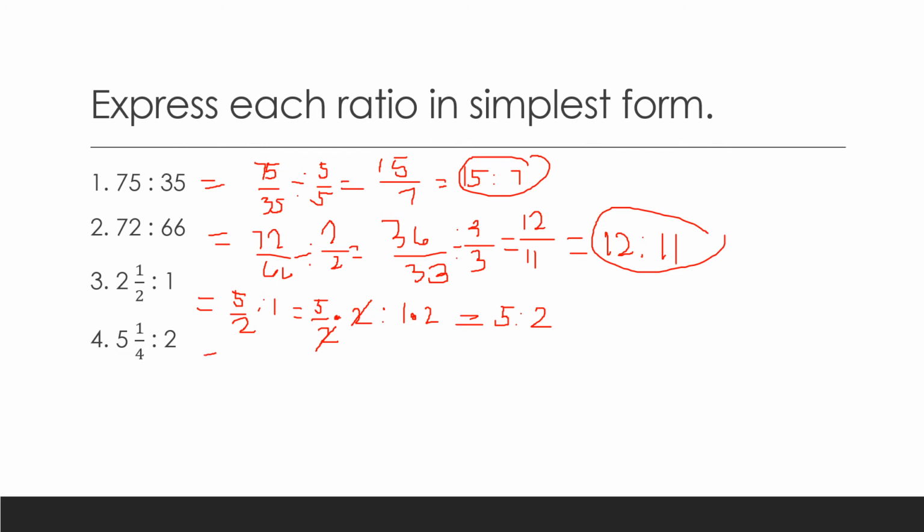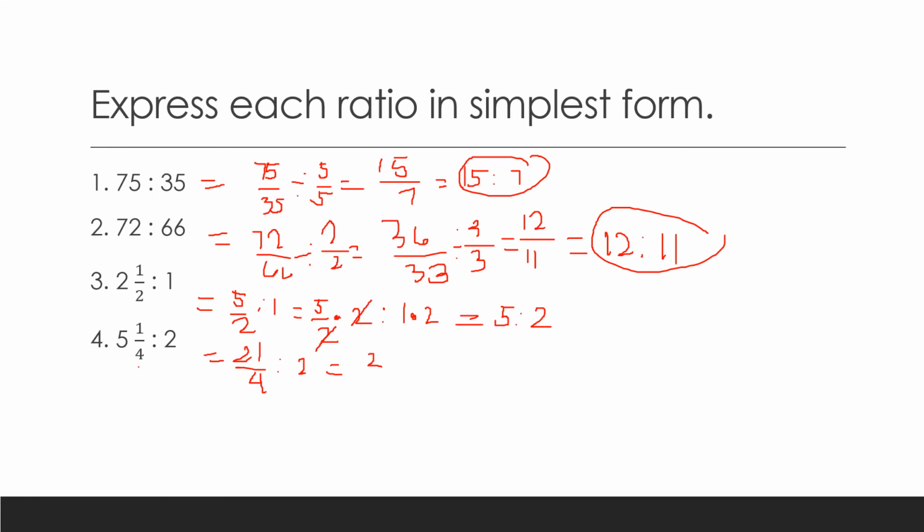How about number 4? We have 5 and 1/4 is to 2. So, convert again natin sa improper fraction. 4 times 5 equals 20 plus 1, that's 21 over 4 is to 2. Since the denominator is 4, we multiply both sides by 4.